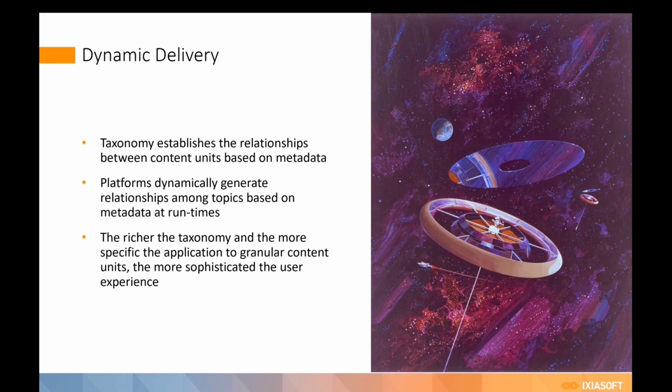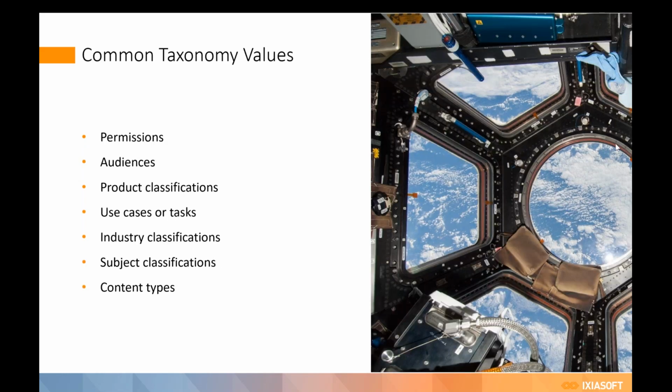So in regards to what values to actually use, there's a lot of things to consider. You might want to create facets or groupings about permissions, audiences, product classifications, etc. We'll show you an example in a little bit of what this all actually looks like.